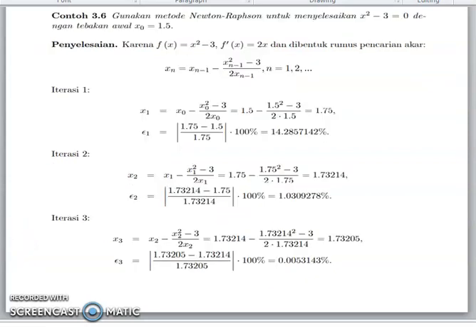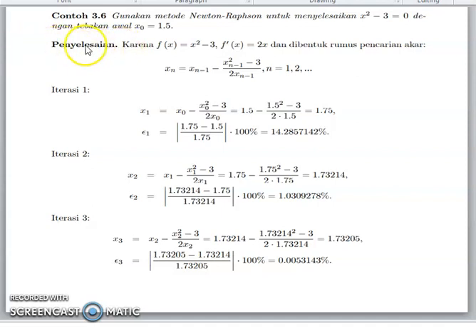And now we are going to the example. Use the Newton-Raphson method to solve x squared minus 3 equals 0 with initial guess x0 equals 1.5.